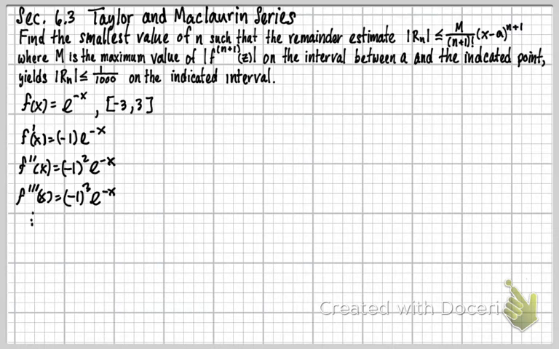So now if I kept doing this, I'm going to get f of n, let me do n plus 1, and that's going to equal negative 1 to the n plus 1 e to the negative x. Now that's what my n plus 1 derivative of f is going to be.